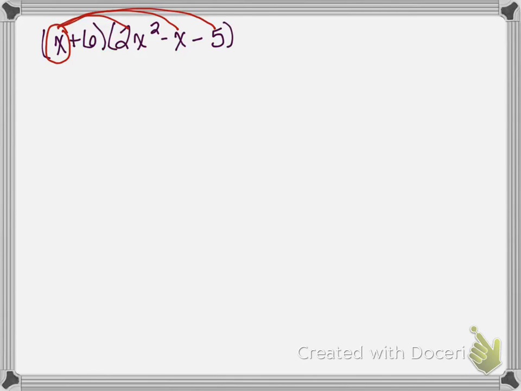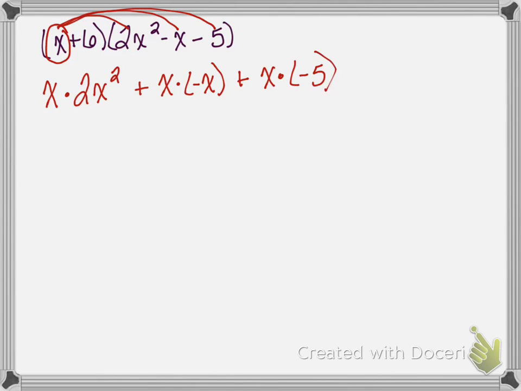Okay? So I have x times 2x squared. Then I have x times negative x. And then I have x times negative 5. Okay? So I have taken that x and I've multiplied it times everything in that trinomial.